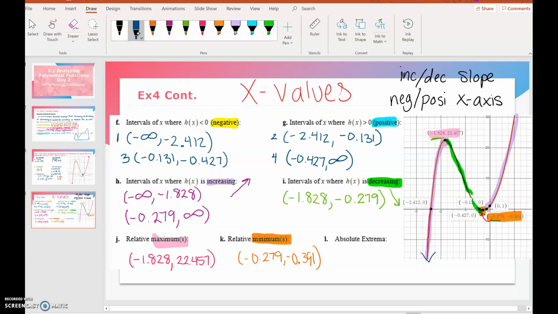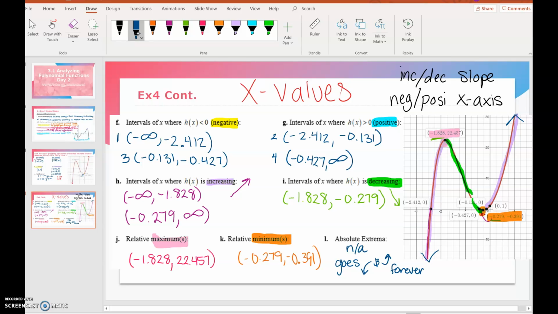Well, it goes on forever down, so there's no real lowest point. And the same thing goes for going up. So there aren't any this time. So not applicable in this one because it goes down forever and up forever.